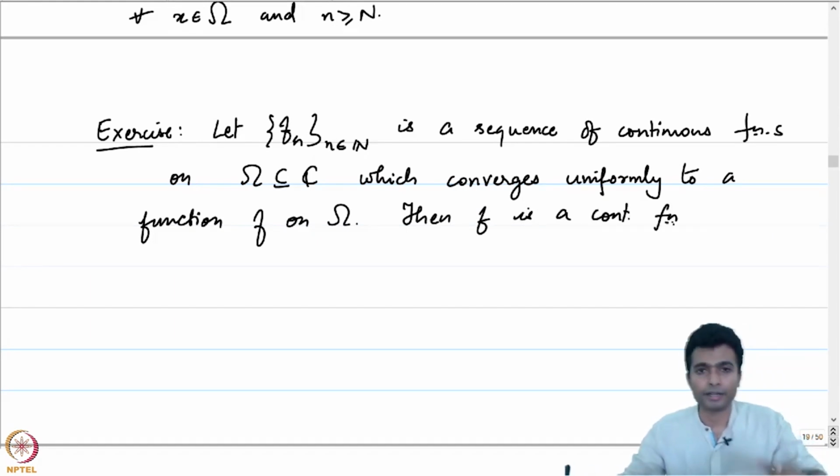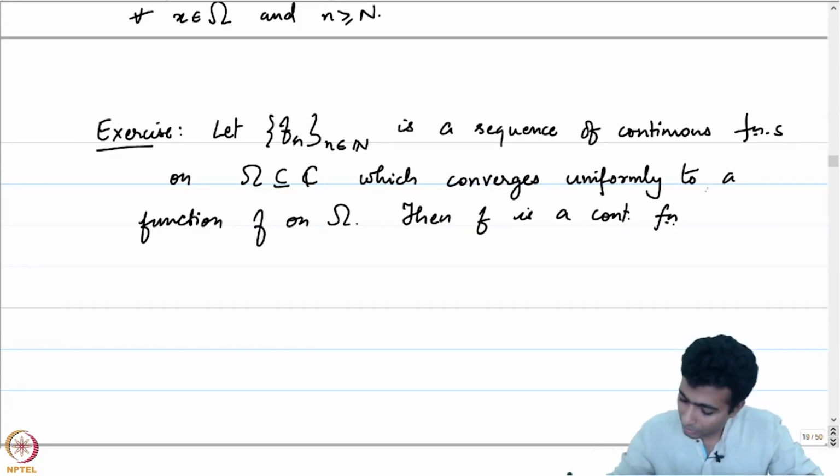This is that standard argument by using the triangle inequality and splitting it into three terms picked in the right manner.